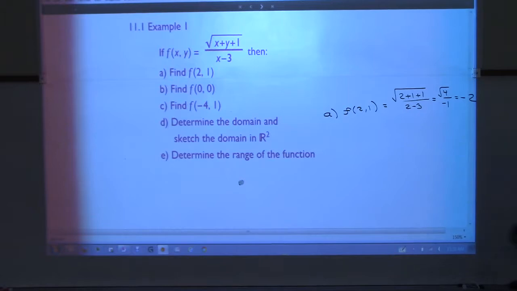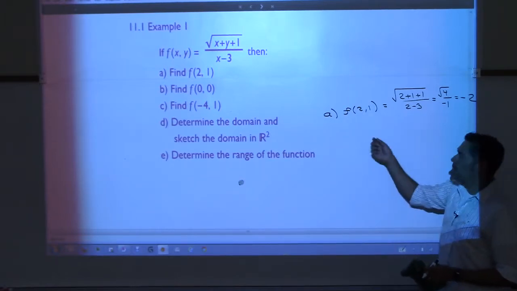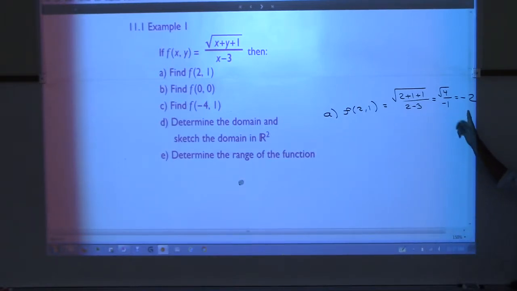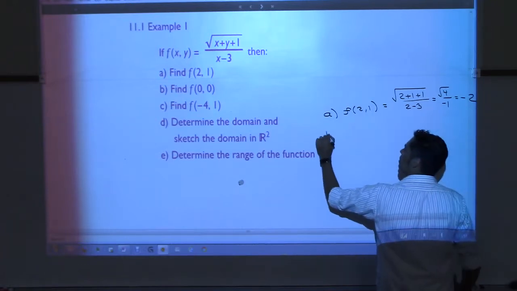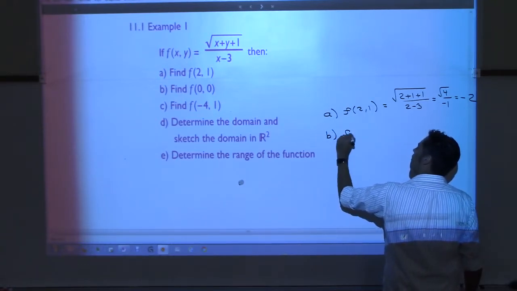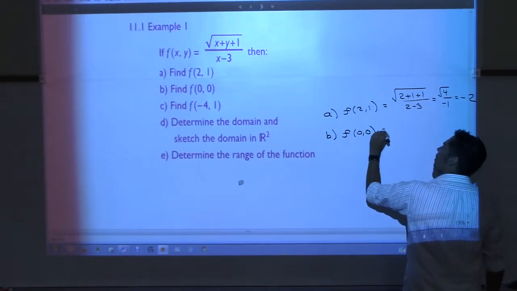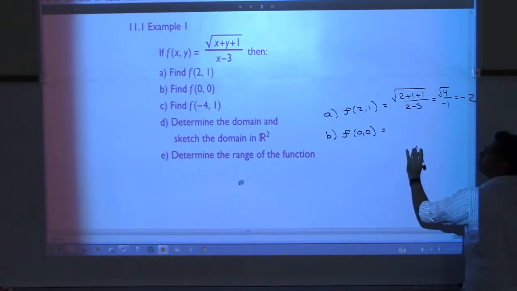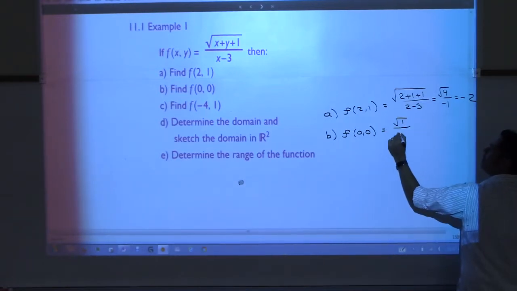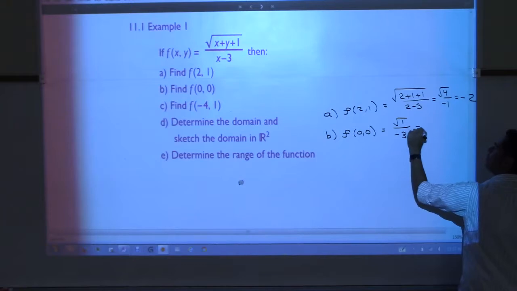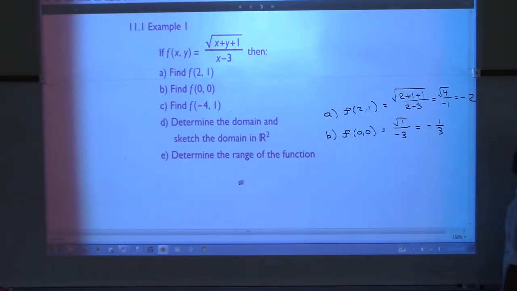So if we plug in the ordered pair 2, 1, it's going to spit out the value of negative 2. How about the next one, f of 0, 0? Root 1, and then on the bottom, negative 3, so negative 1/3. So it spit out a negative fraction. Is this clear? I'm assuming plugging in is not an issue here?